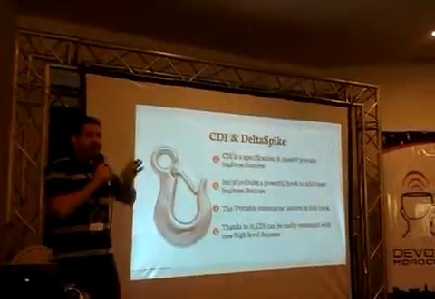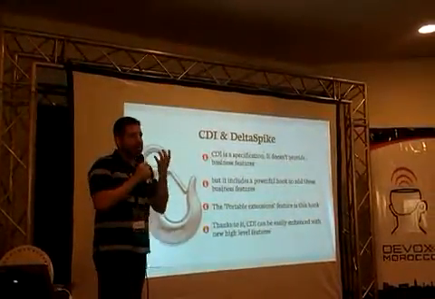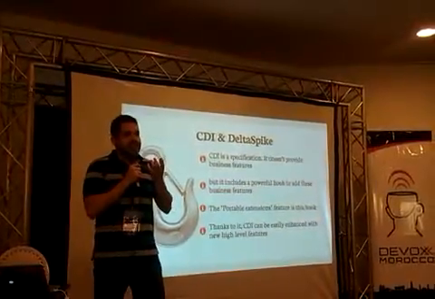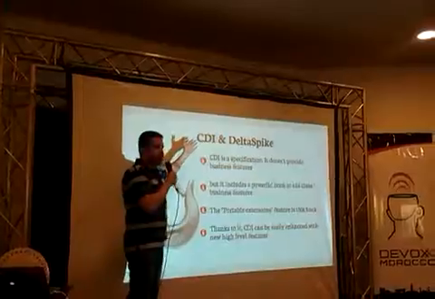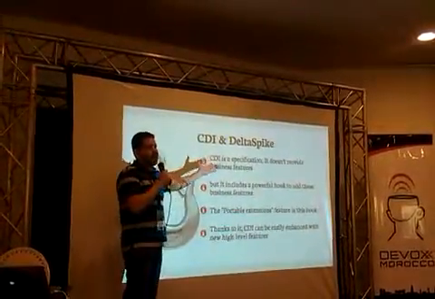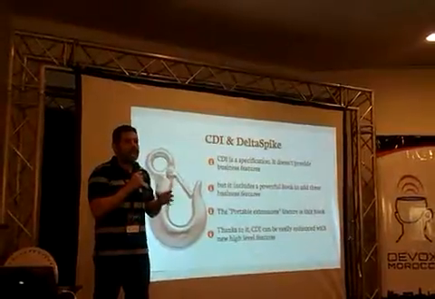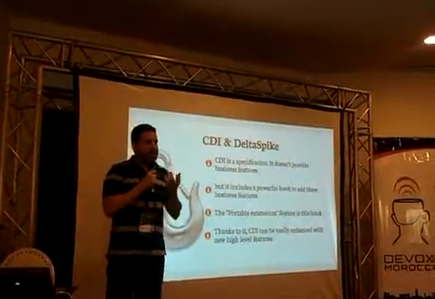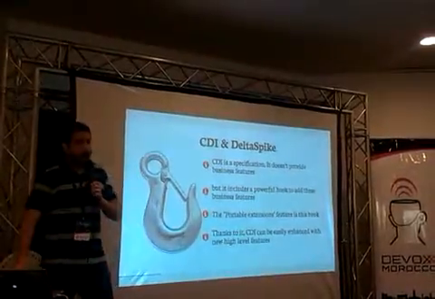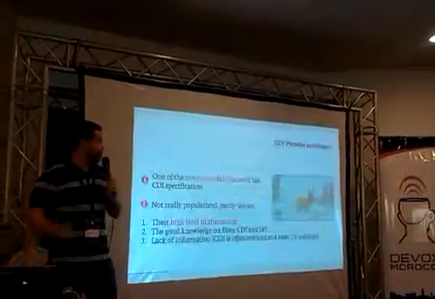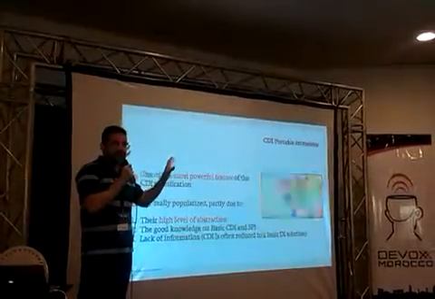So, how are CDI and DeltaSpike related? The first thing that we need to understand is that CDI is just a specification for context and dependency injection. That's it. It doesn't provide any business feature. But it has something very powerful in this specification, which is called the CDI portable extension.